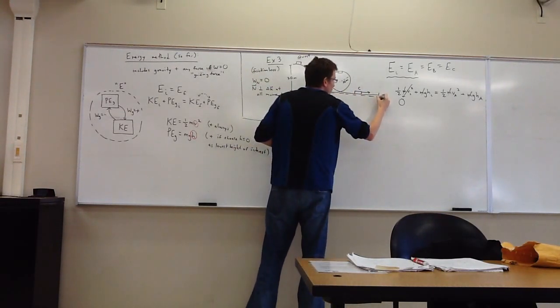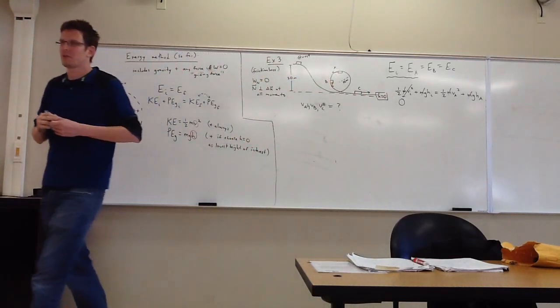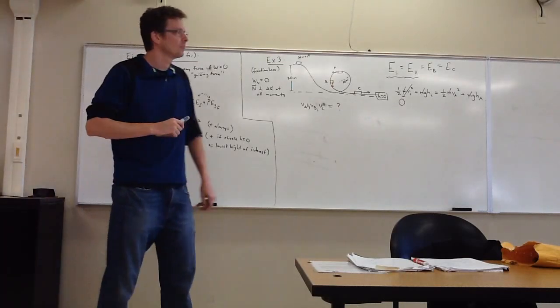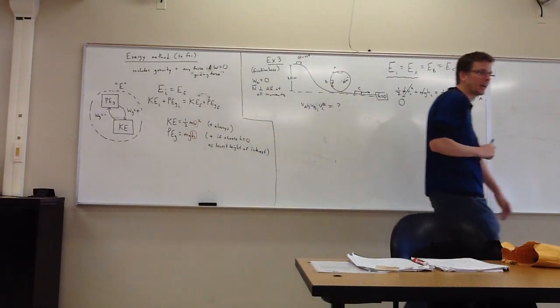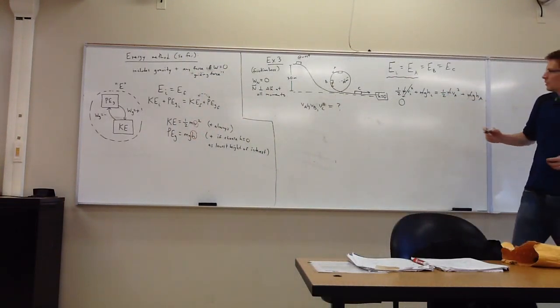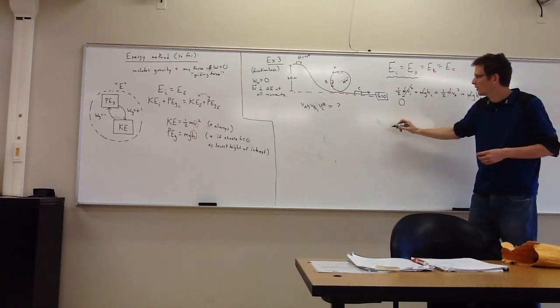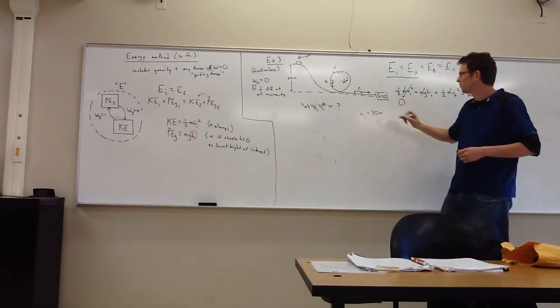I'm going to set h equals 0 at the bottom here because that's the lowest height of interest in the problem. It never gets any lower than that, at least that I care about. So what would I use for my initial height then? 30. So H initial is 30 meters.